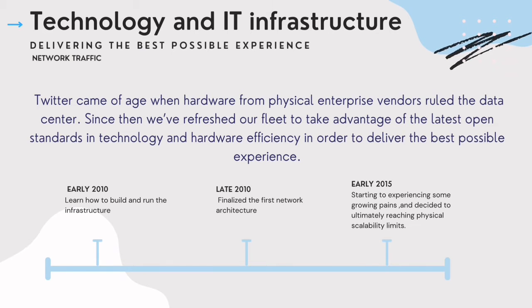By late 2010, we finalized our first network architecture, which was designed to address the scale and service issues. In early 2015, we started experiencing some growing pains due to changing service architecture and increased capacity needs. Then we decided we were ultimately reaching physical scalability limits.